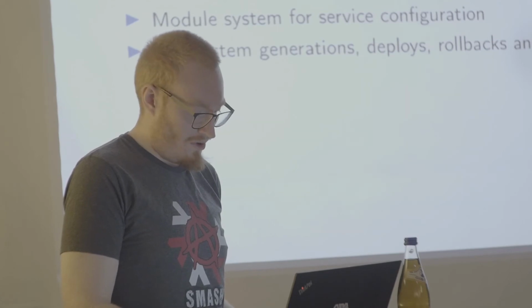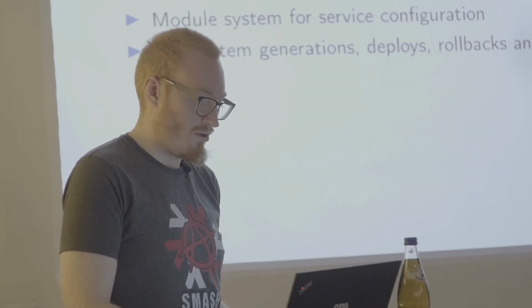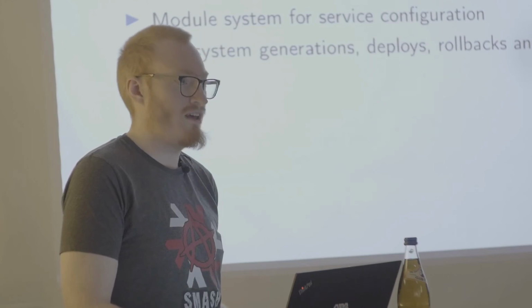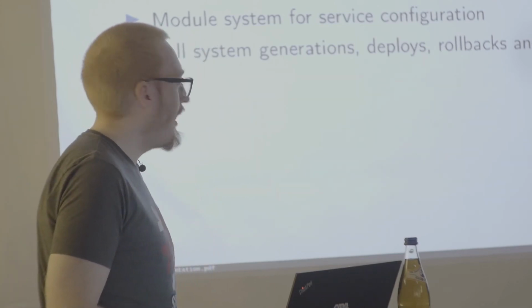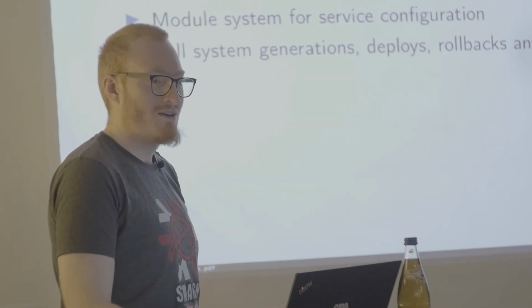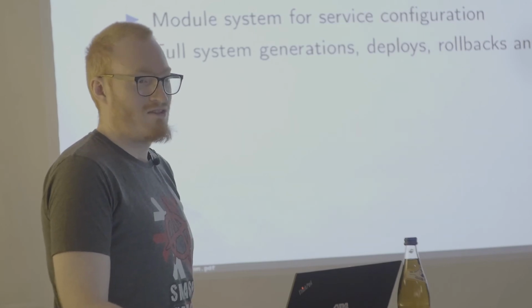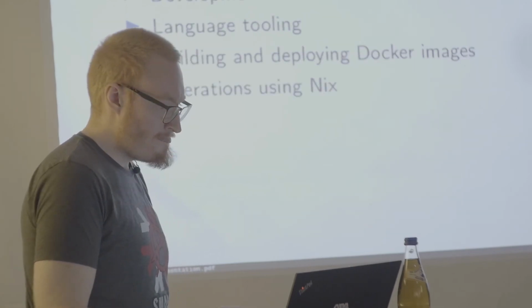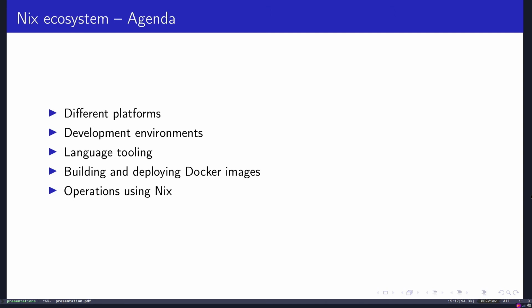But I'm going to switch over a bit to the ecosystem at large because the ecosystem is vast. I'm not going to mention even half of the things I know about. Some of the topics here are different platforms, development environments, language tooling, building and deploying Docker images, and operations using Nix.